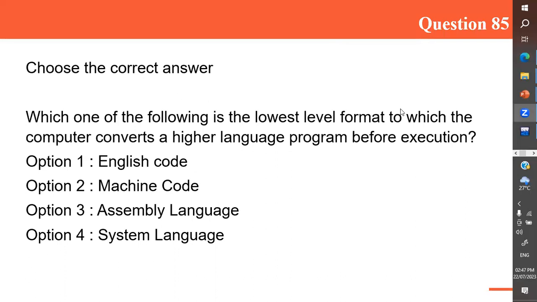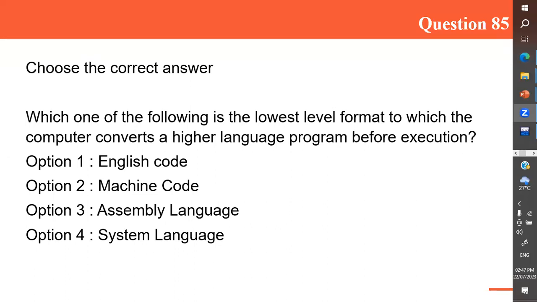See that. Just see carefully. Which one of the following is the lowest level format to which a computer converts a higher level language before execution? Just before execution, what is the lowest level possible it can convert it into?